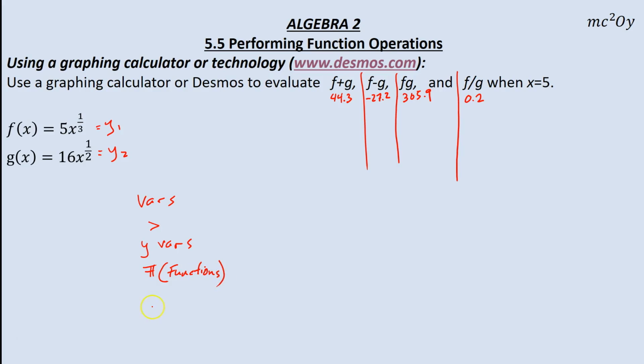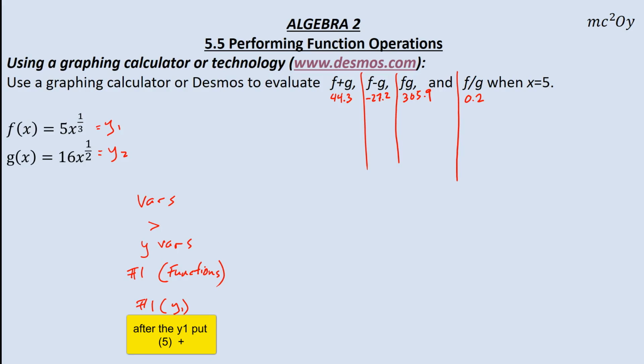Then select y sub 1, which is option 1. You'll notice y1 appears on your screen.